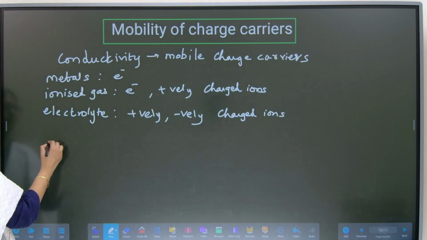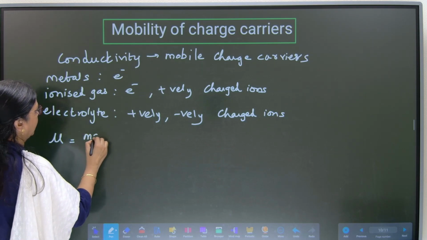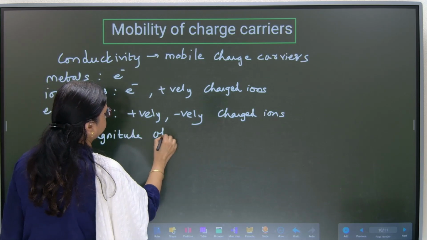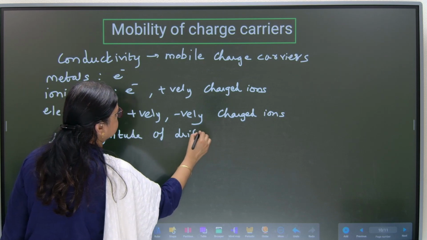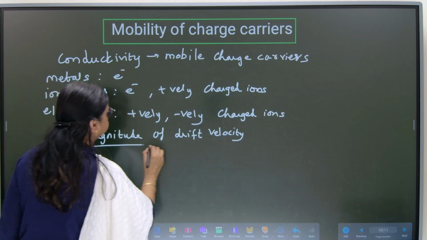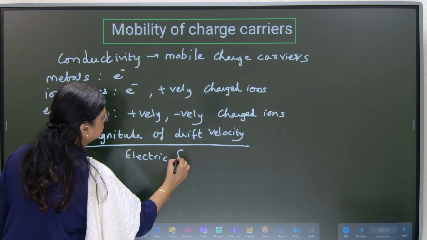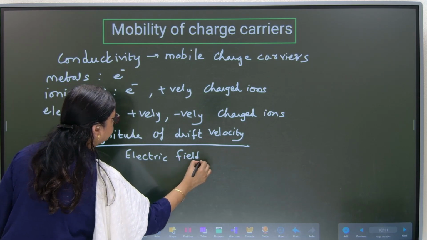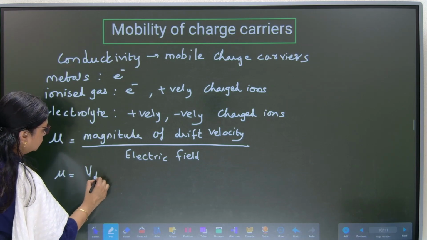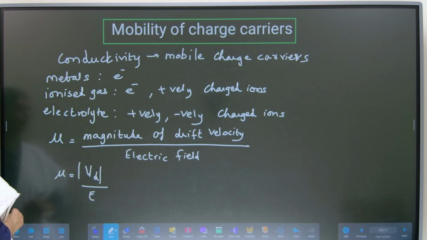Mobility is denoted as mu, which is defined as the magnitude of drift velocity per electric field. Therefore, mu is equal to modulus of Vd upon E. Fine.